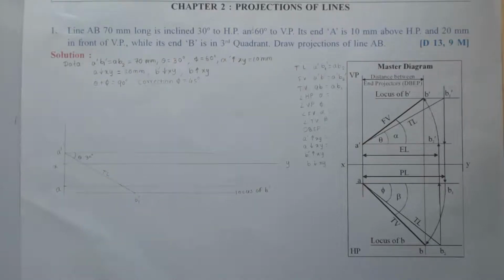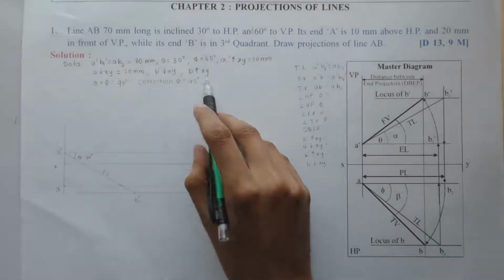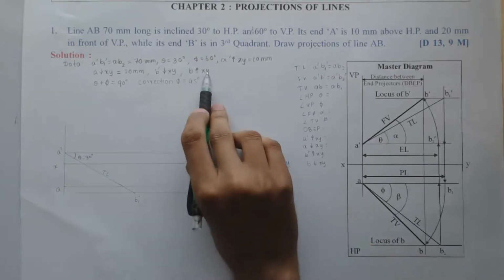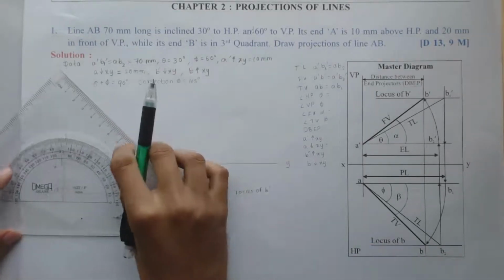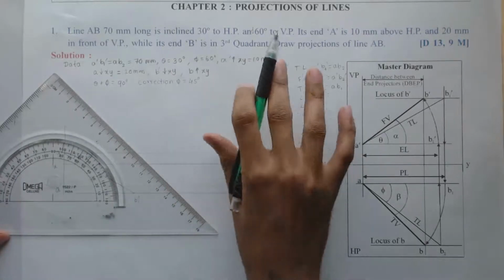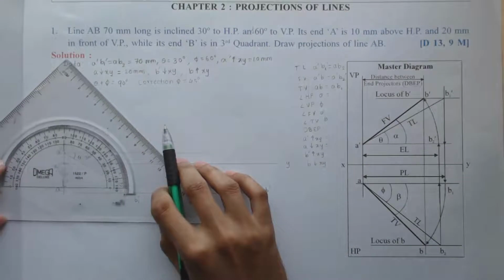Similarly, I can mark the true length AB2 at an angle phi, but again I need to check where I should produce that angle, upwards or downwards. For that I need to check the position of B, because we are going to mark B2. So B is above xy, so I need to produce that angle which we have corrected from 60 degree to 45 degree to make the problem of oblique line.